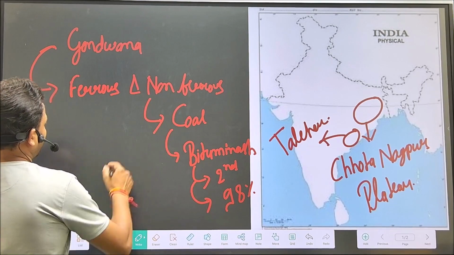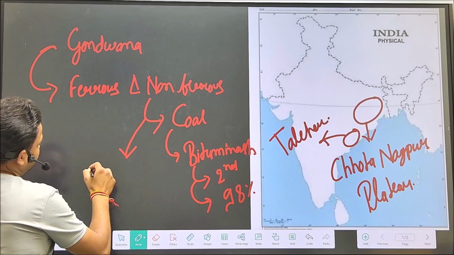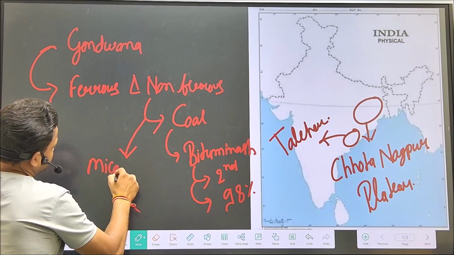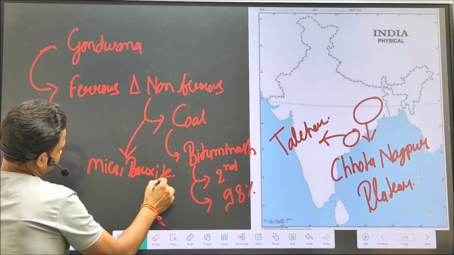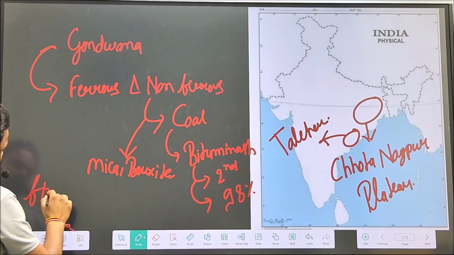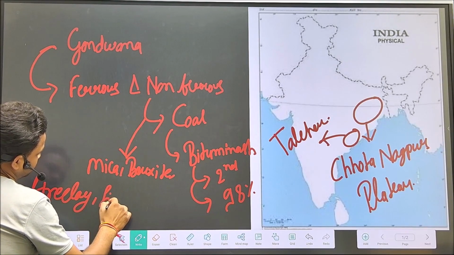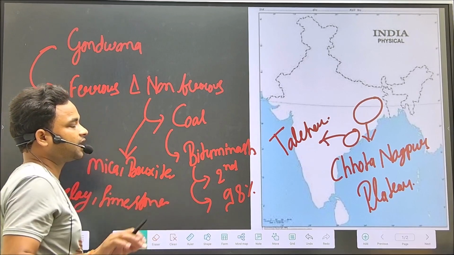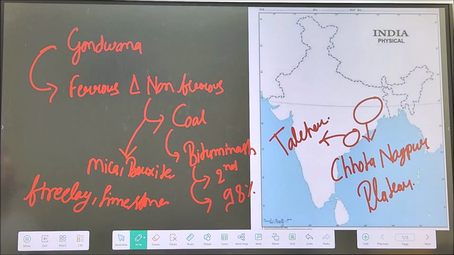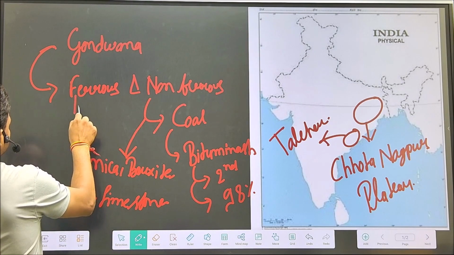And apart from coal, you can find mica, bauxite, fire clay, and limestone in some places also. So these are other minerals besides coal. Now we will see ferrous.